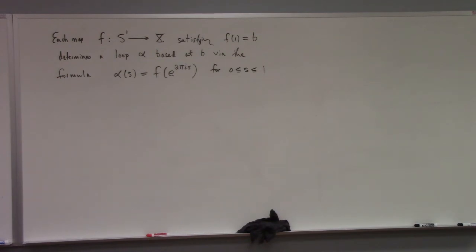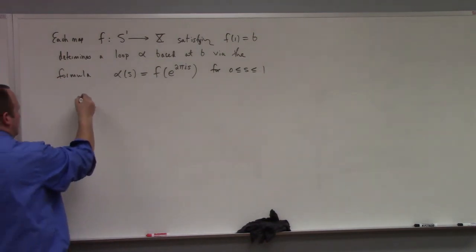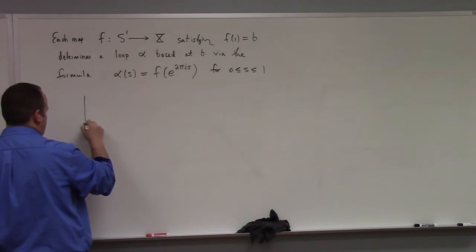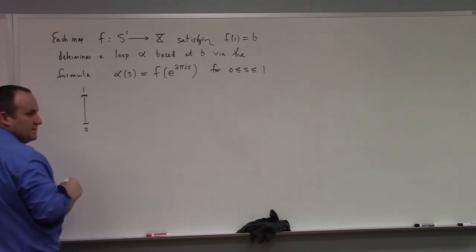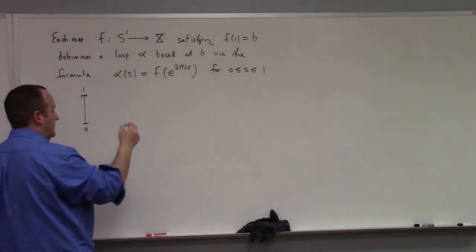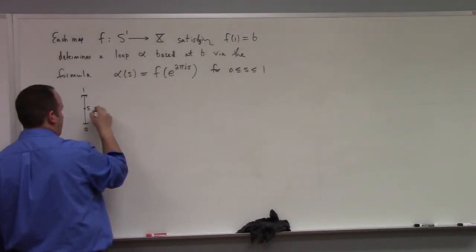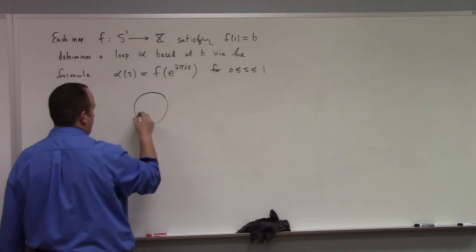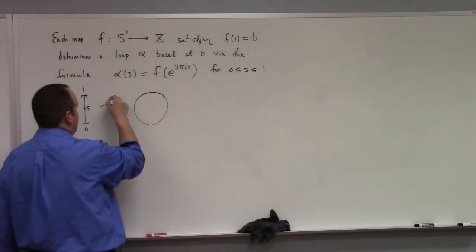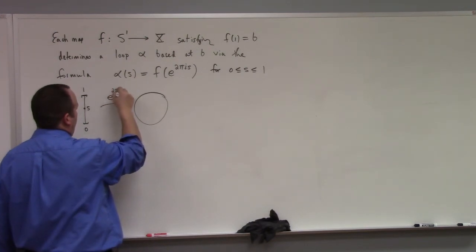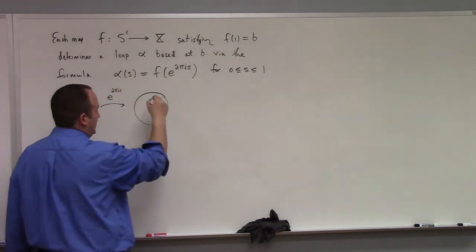Can I draw a picture? The idea is kind of this. We've got our unit interval, and here's a point s there. We take that and wrap it onto this by the exponential, e to the 2 pi i s, that gives us a point here.